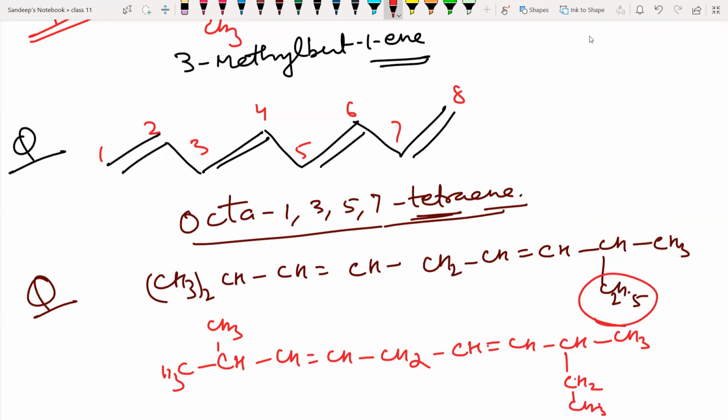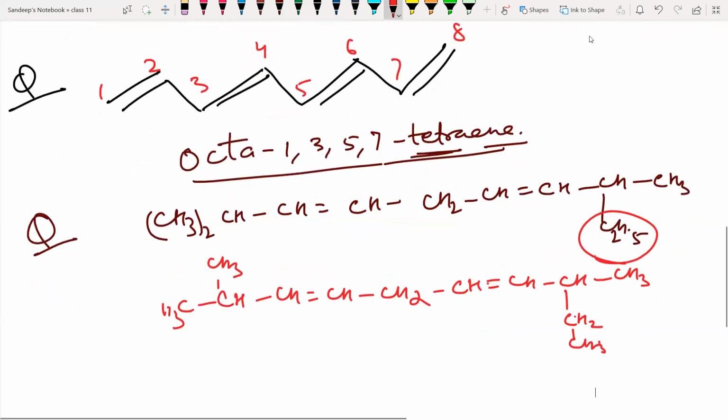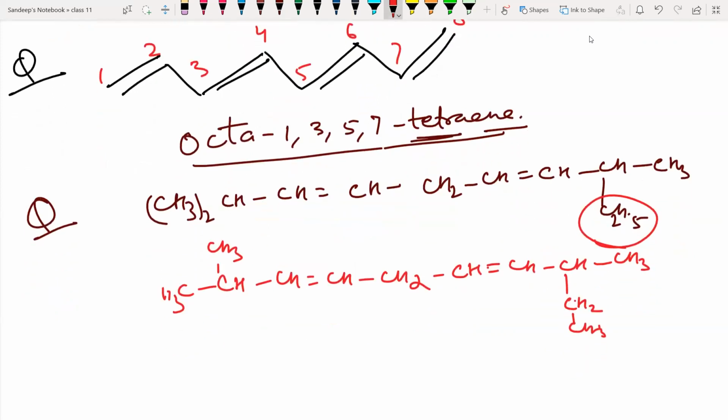Now you have to find the longest carbon chain, making sure that the substituent and double bond get the lowest numbering. From this side, the double bond is at the fourth position. From the other side, 1, 2, 3, third position. So we have to number from this side, 1 to 10. Now 8 position is methyl, 2 position is methyl.